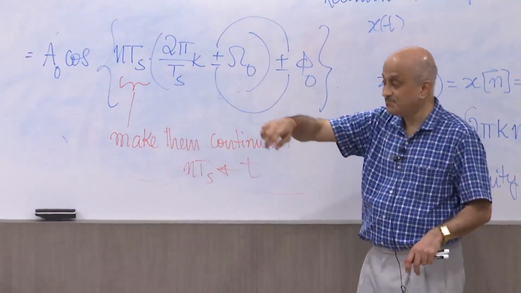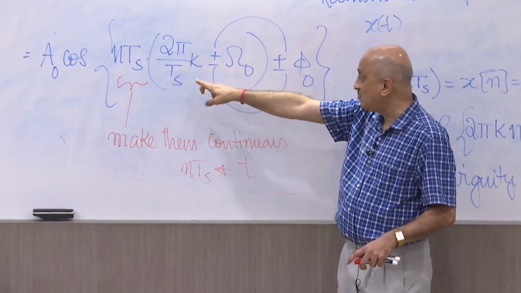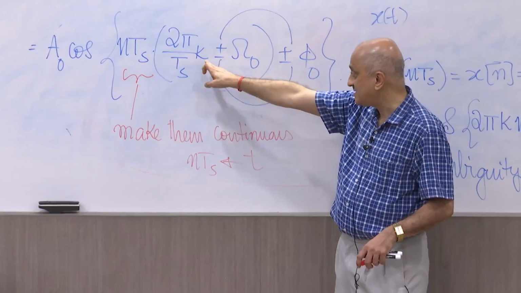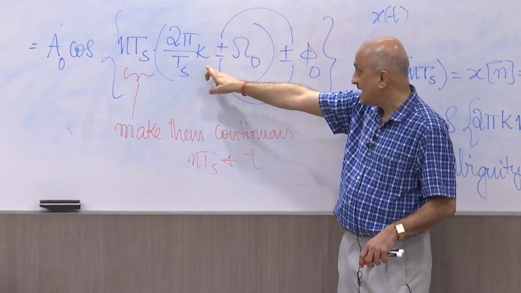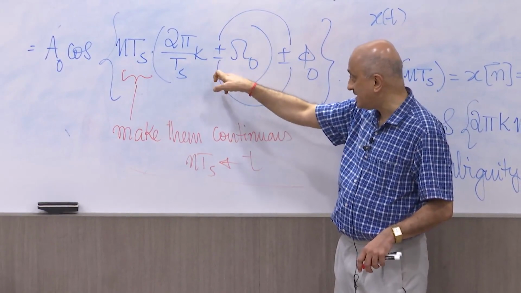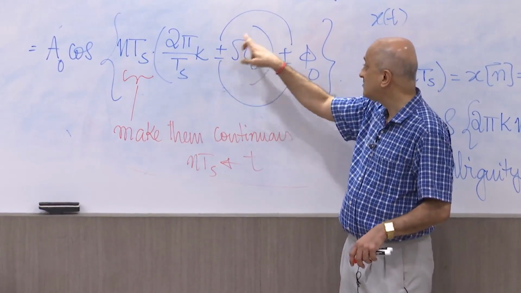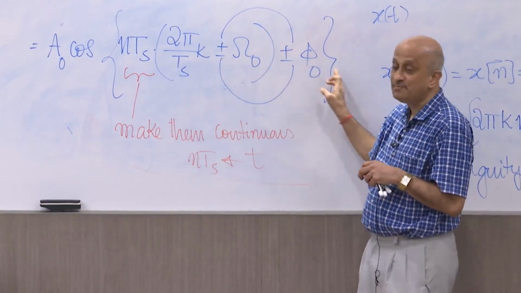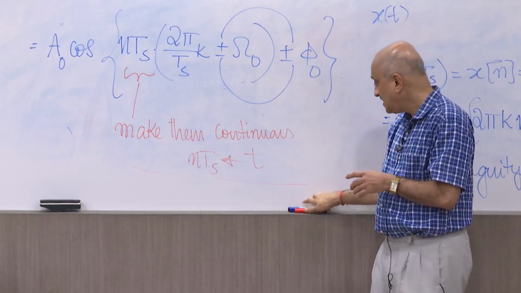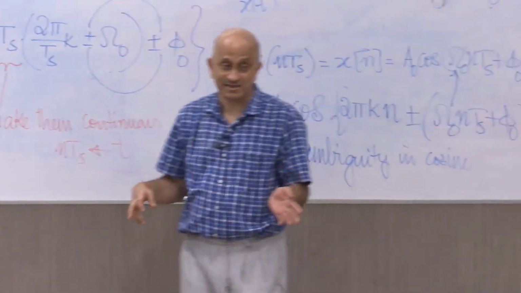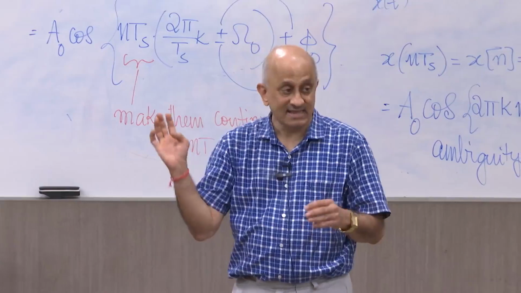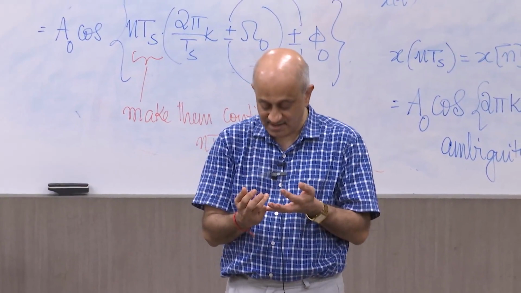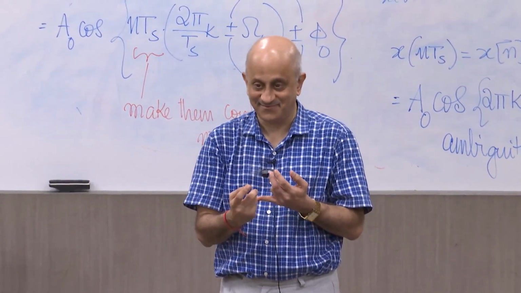But you have to be careful. You must keep the frequencies and the phases. The frequencies are 2 pi by ts times k, and you take plus omega naught and minus omega naught. If you're taking plus omega naught, the phase should be plus phi naught. If you're taking minus omega naught, the phase should be minus phi naught. If you were to add all these sinusoids with the same amplitude and these phases, what would you get? I'd like you to think about this question when we meet again. Is that right?